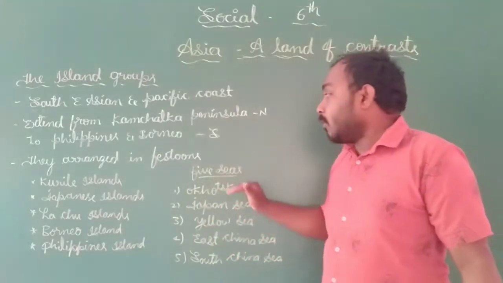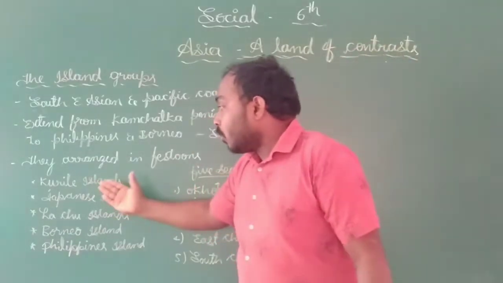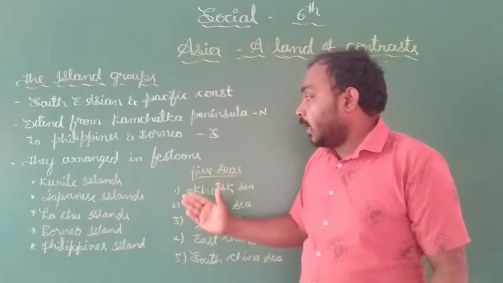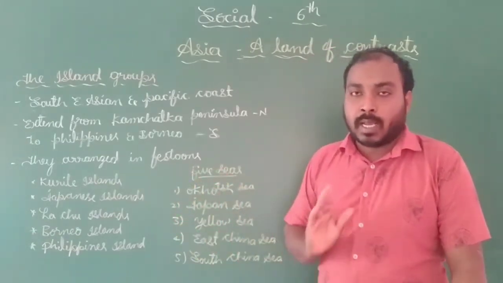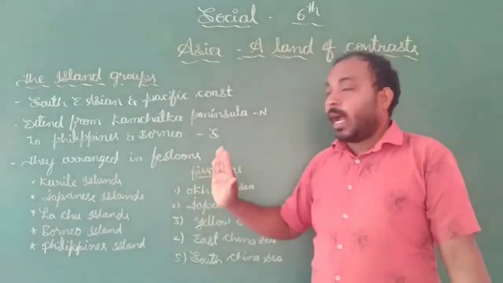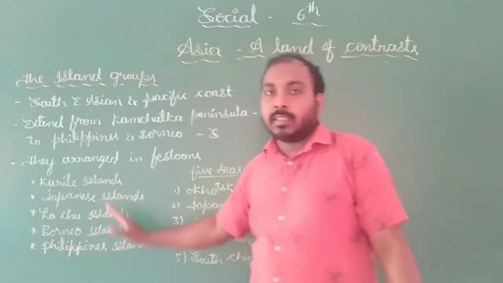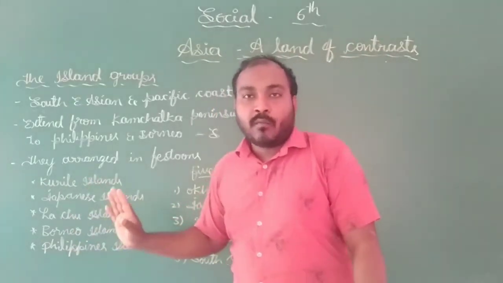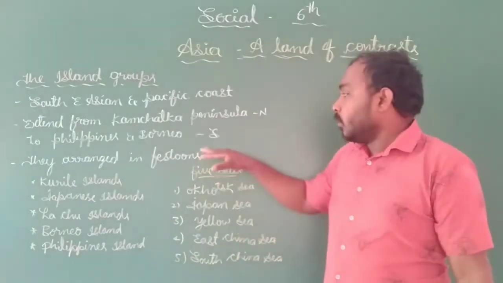The important festoon islands are called the Kurili Islands, Japanese Islands, Ryukyu Islands, Borneo Islands, and Philippine Islands. These are the five important islands arranged like a festoon.